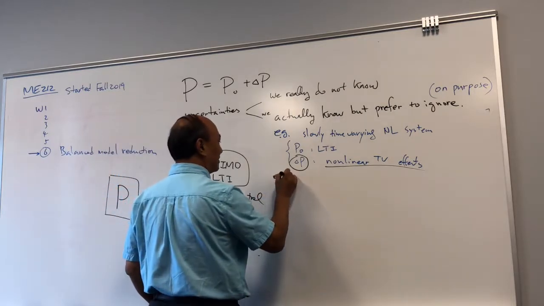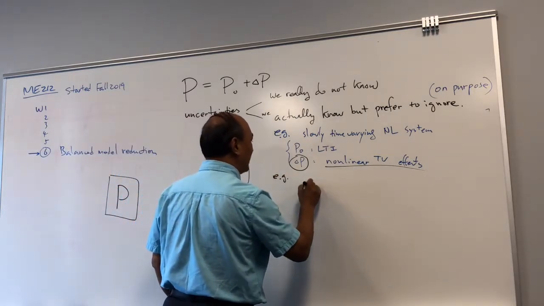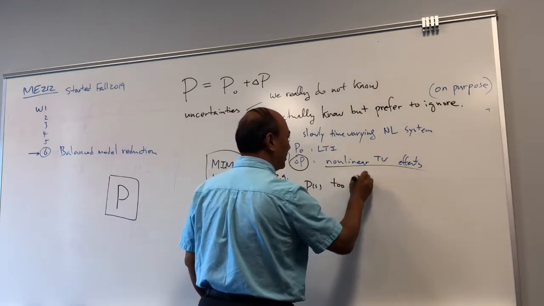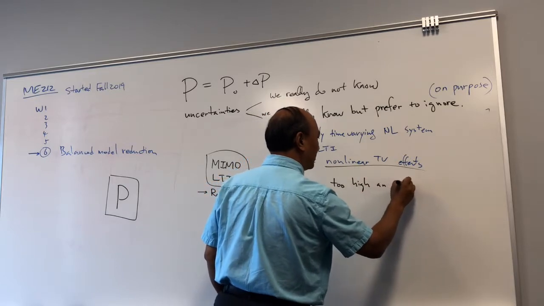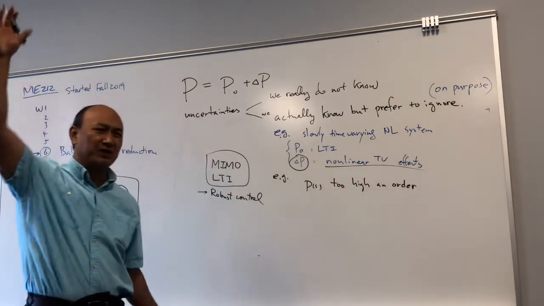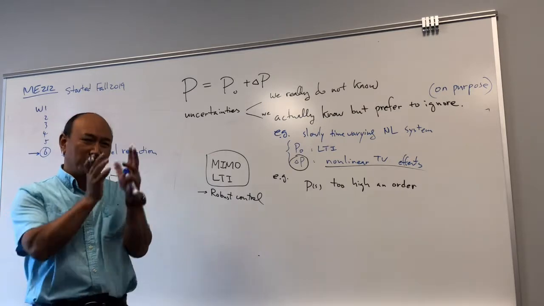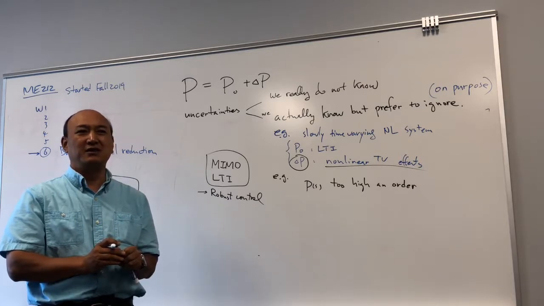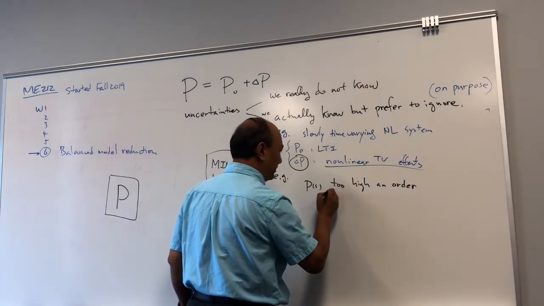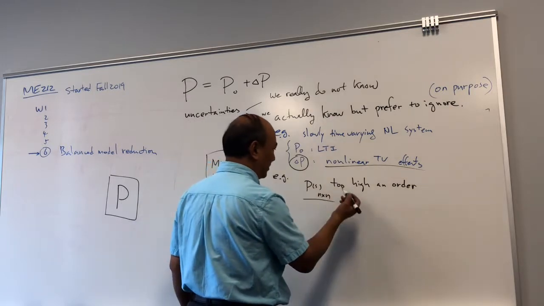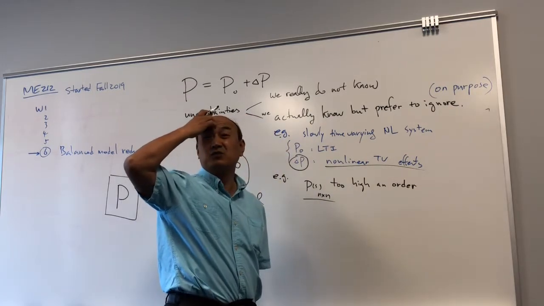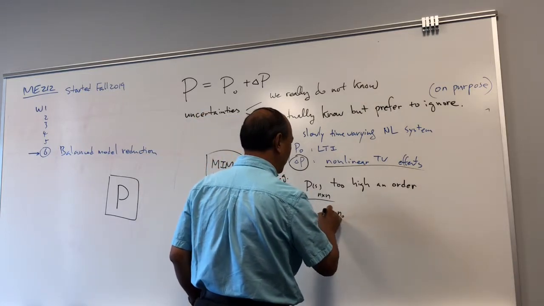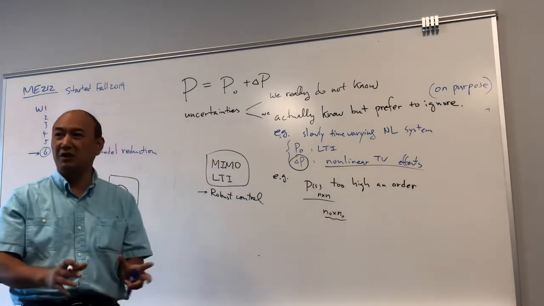Another example is I have a P but it's too high an order. It's just too big. I probably only want to focus on the main variables. So instead of talking about n by n, can I simply talk about some simpler system, like n0 by n0, which is much lower in order?